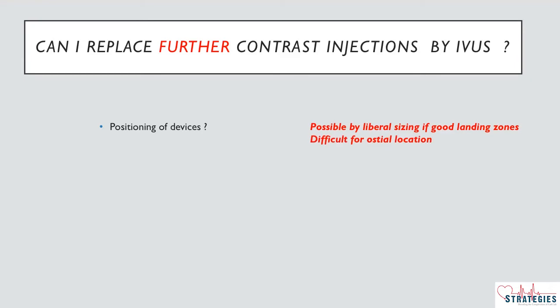So this also helps. But in ostial lesions, invariably you will end up giving some injections while positioning the stent. Distal runoff you cannot assess with IVUS, but there are certain things with which we can understand it, like speckling.